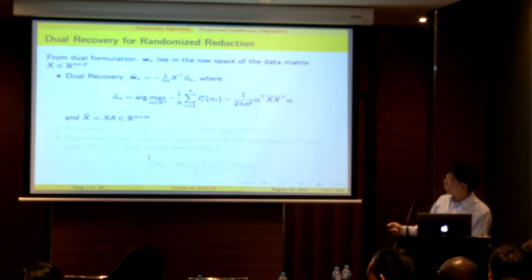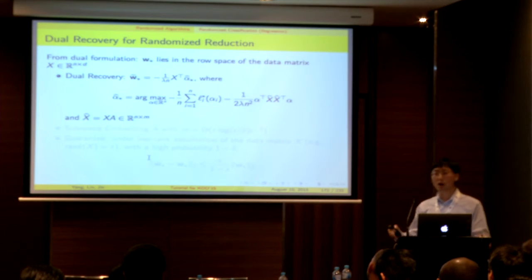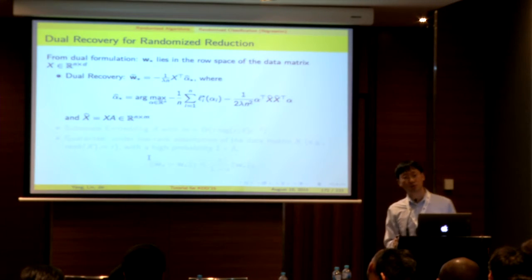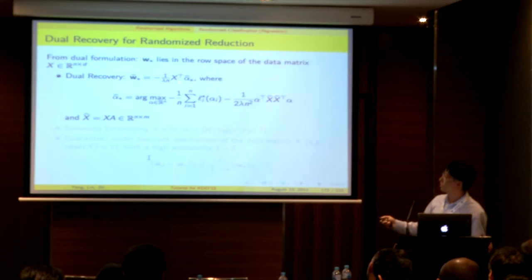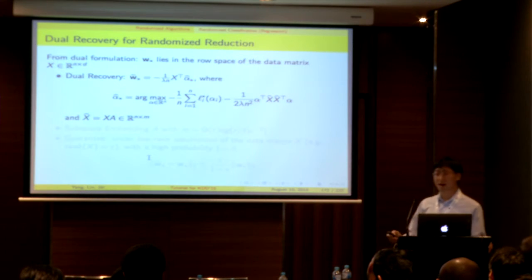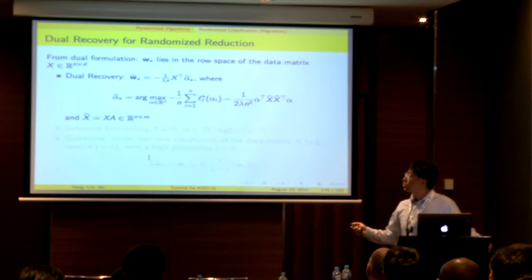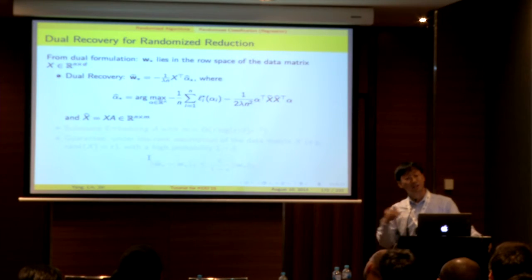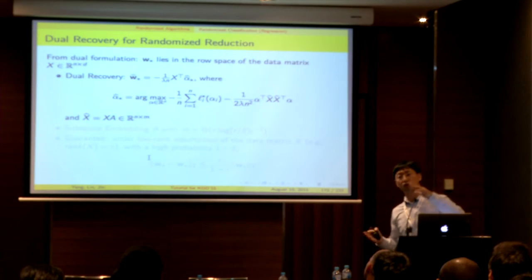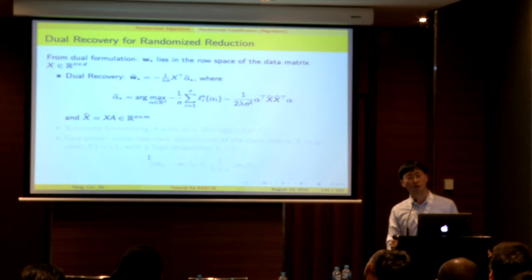After obtaining the approximate dual variable, the optimal solution to this problem, alpha hat star, we use it to construct a model in the original high-dimensional space using this formulation: X transpose times alpha hat star. By this formulation, we still guarantee that this w hat still lies in the row space of the data matrix. It's still a linear combination of the rows of the original feature vectors.